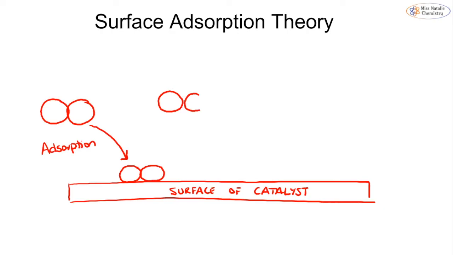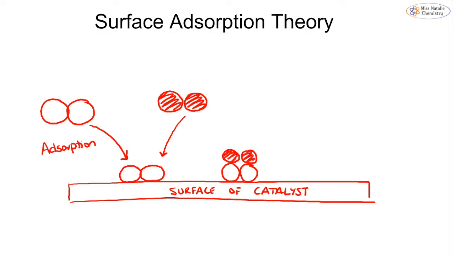So let's have it as this, and we will colour this one in. So this is our other reactant that is going to approach the initial adsorbed substance. We're going to get a reaction happening on the surface.